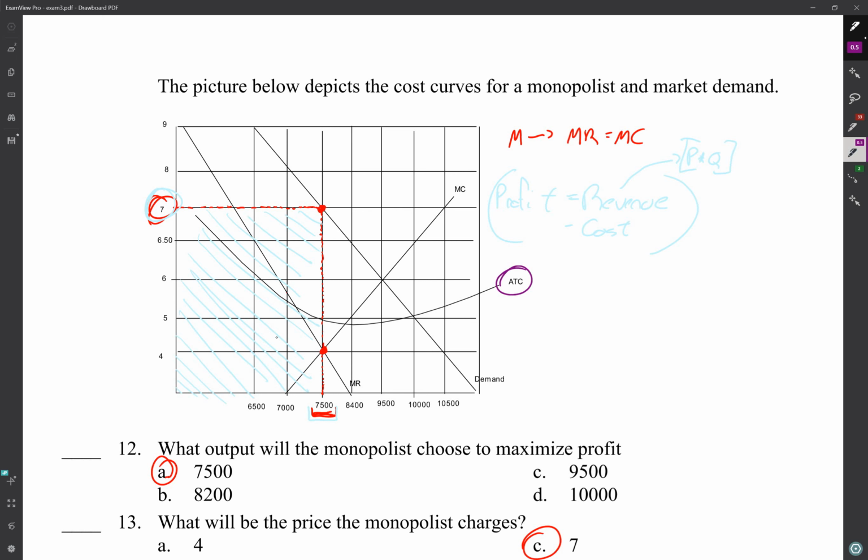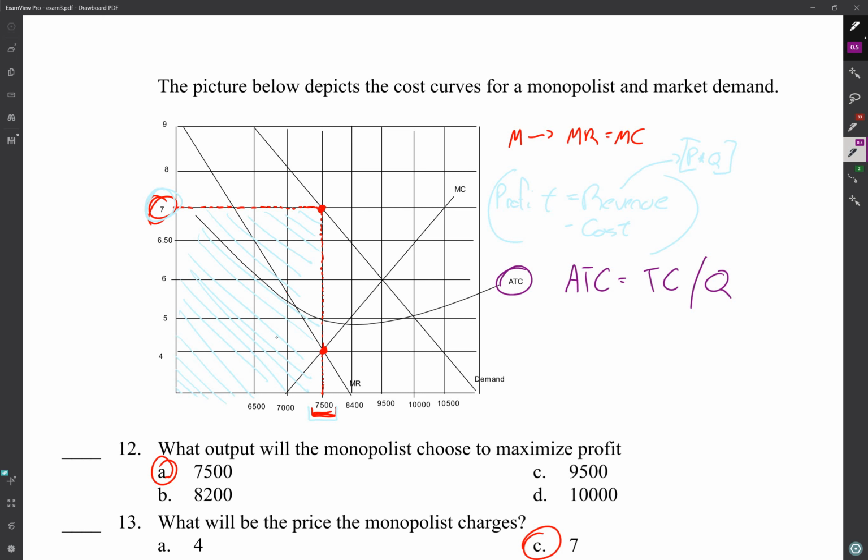We're going to extract the total cost from the average total cost. So how are we going to do that? Well, we can say that average total cost is equal to total cost divided by the quantity. Okay. Well, we know what the quantity is. The quantity is going to be 7,500.